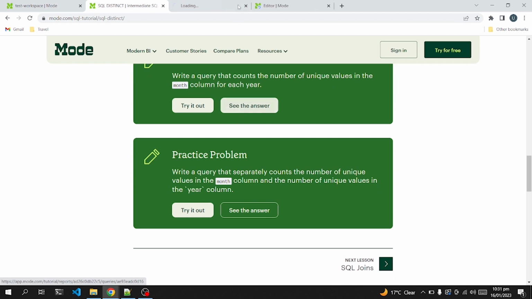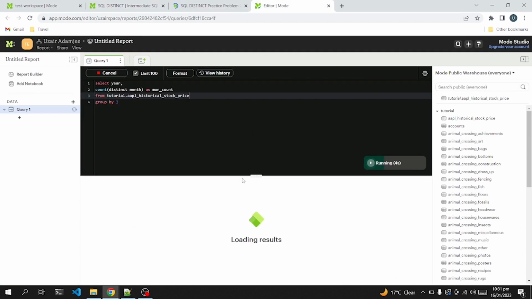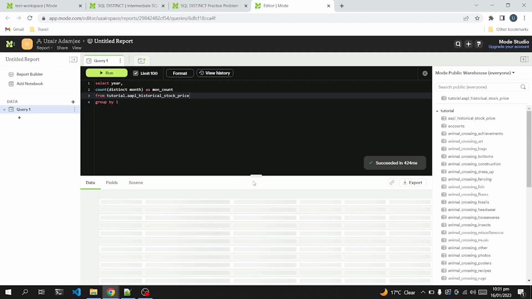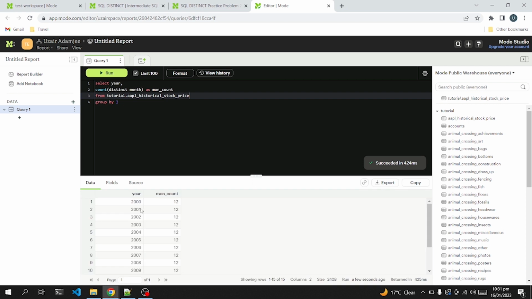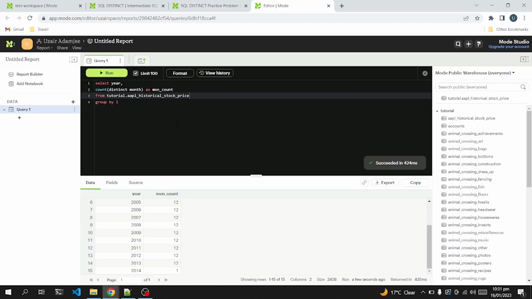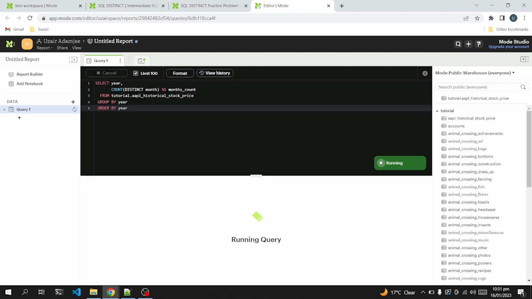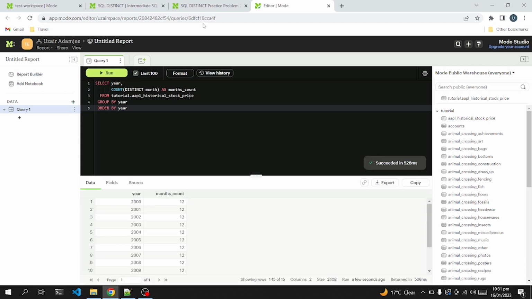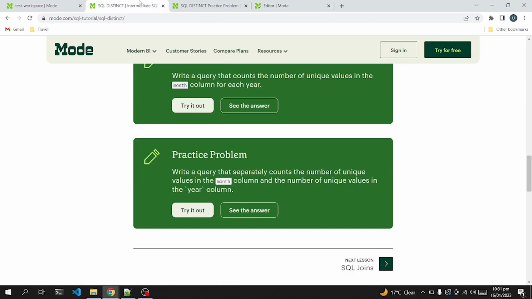Let's check the answer. It does run successfully. So for each year we have got the count. They have also used order by as well. Just compare both of those statements. We have written the right statement.